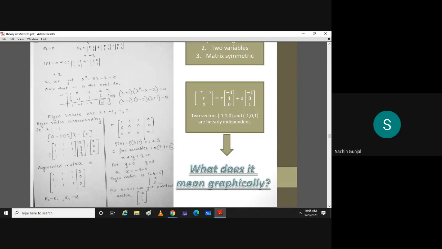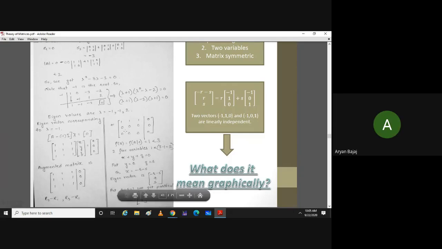Now, what are the operations? We need to solve this system. R2 minus R1 and R3 minus R1, so that these two entries will become 0.